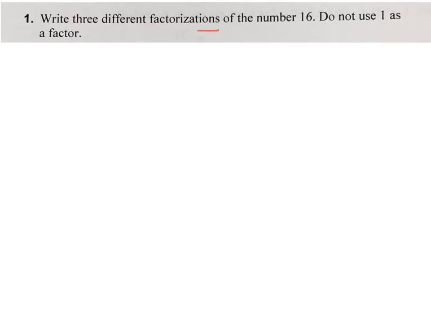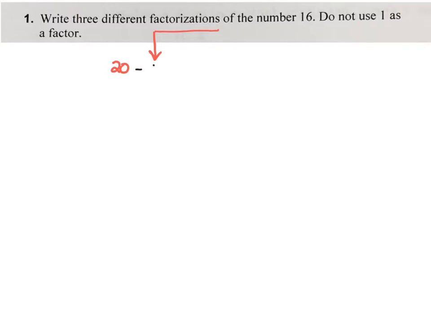So we need to know what factorizations are, and we're going to use the number 16. First of all, a factorization is a string of factors. What does that mean? Well, let's pick a number like, let's say 20. There are different ways you can come up with the factors of a number, and the most obvious way would be to list the factors.